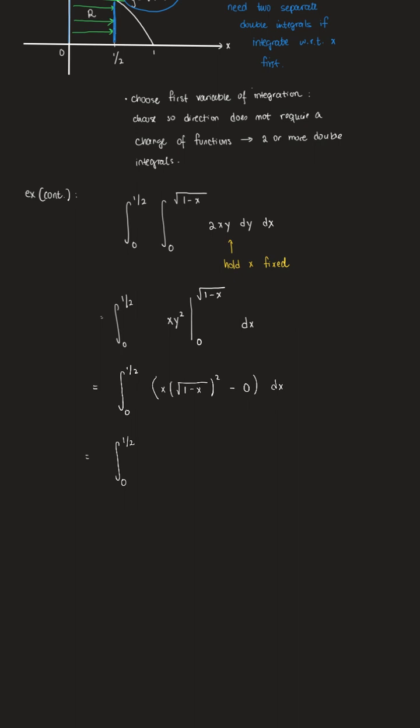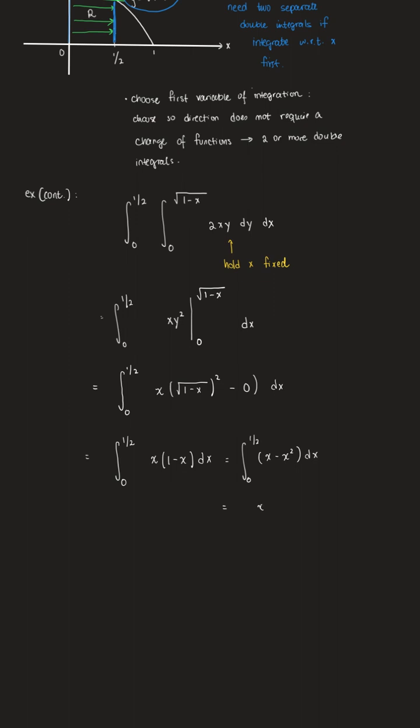I need to be a little bit careful here with notation because x is not squared, just the y. There we go. So this will give us x times 1 minus x dx, or integral from 0 to 1/2 of x minus x squared dx. And we can integrate that.